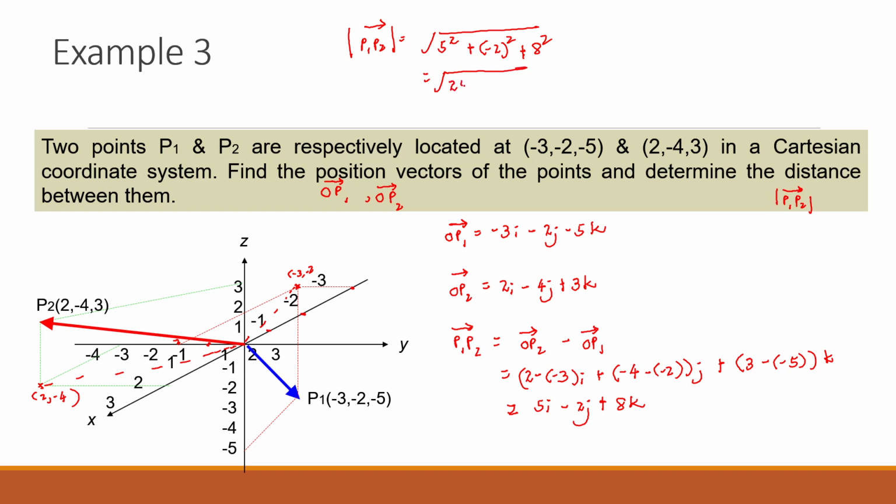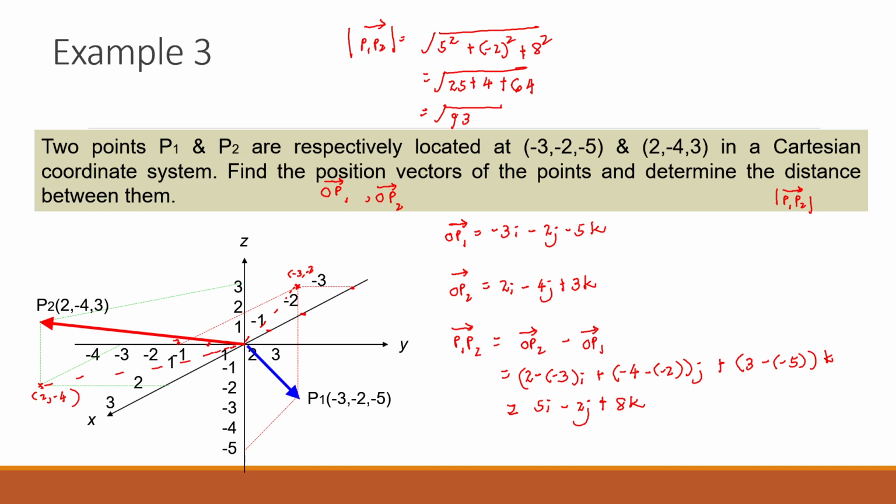So 25 plus 4 plus 64. 29 plus 64, let me see, so 93.